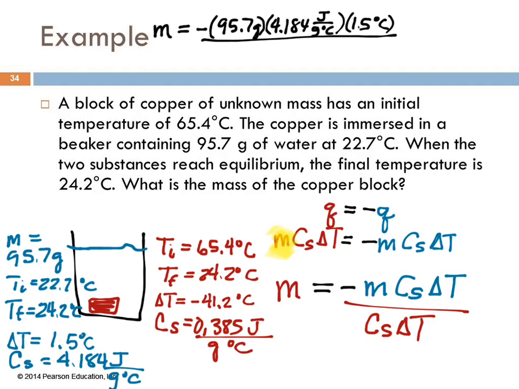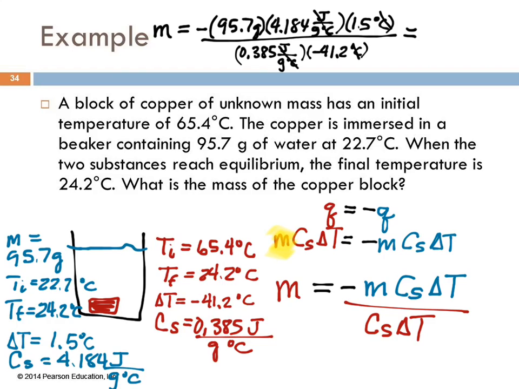And that's all divided by the specific heat capacity of the copper, 0.385 joules per gram degrees Celsius, times the change in temperature for the copper. It's a negative number, negative 41.2 degrees Celsius. Those units cancel, these units cancel, and we end up with units of grams, which is awesome because that's a mass unit.